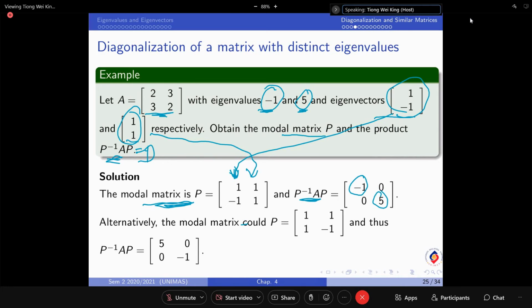Alternatively, if you swap the order of the matrix P, then your D also needs to be swapped. So that's how we get the model matrix and the diagonal matrix D if you have the eigenvalues and eigenvectors.